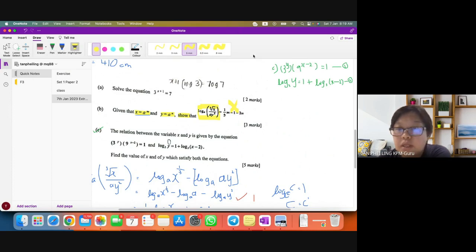Let's say the first one, you see that this is base 3, this is base 9. So when you first approach the question, please relate the 3 and the 9, they are all base 3. It's just that 3 power 1 is 3, 3 power 2 is 9.